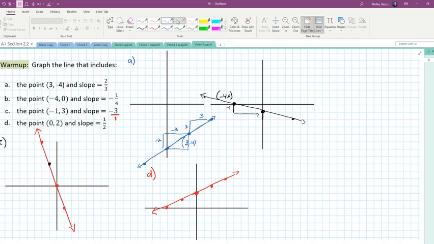So let's see here, let's circle it. So here we have a y-intercept of 0, negative 6. Here we have a y-intercept of 0, negative 1. Here we have one of 0, 2. Here we have 0, 0.